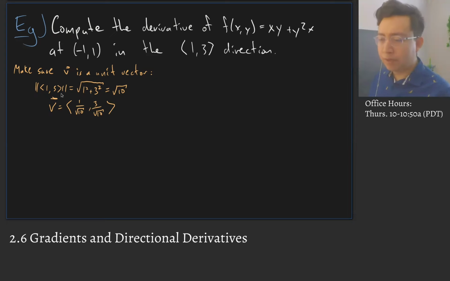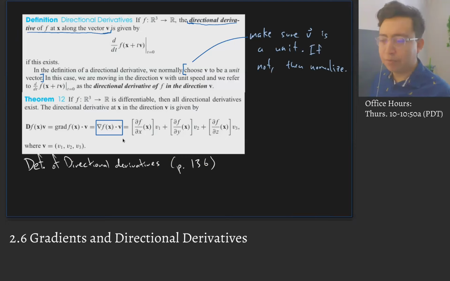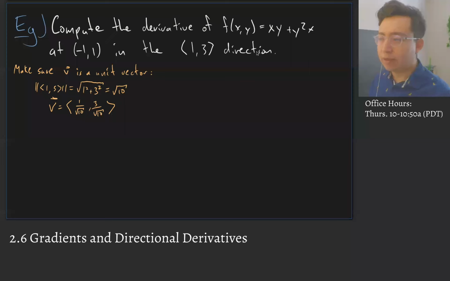Now, what can we do? Well, we can use that definition that I just showed you in this blue box right here. And we're just going to compute the gradient of this function. So the gradient of f is going to be equal to, we take the derivative with respect to x, so that's y plus y squared, okay?